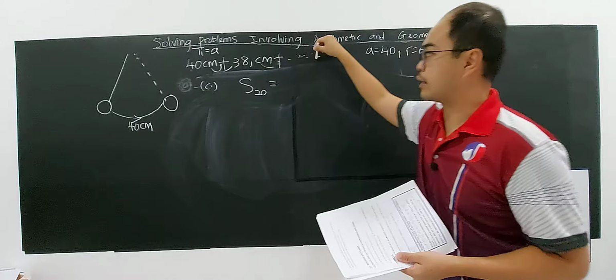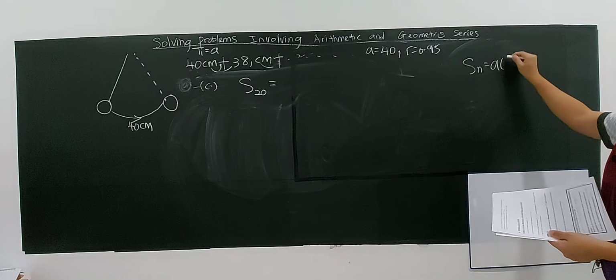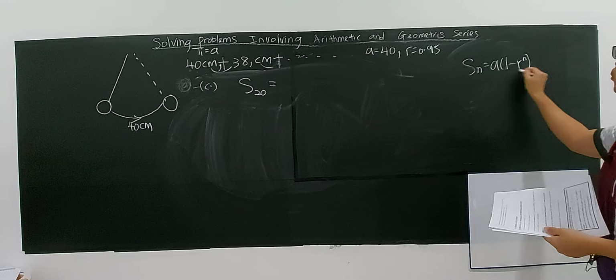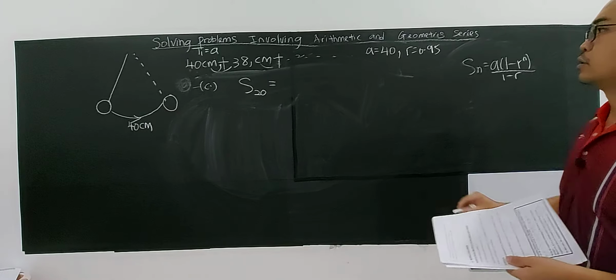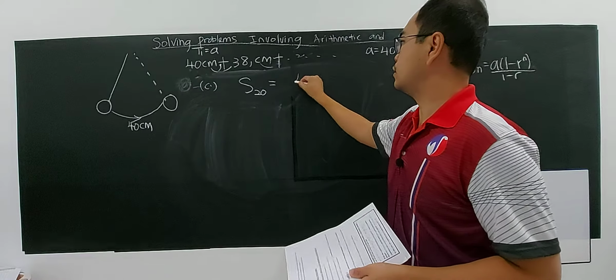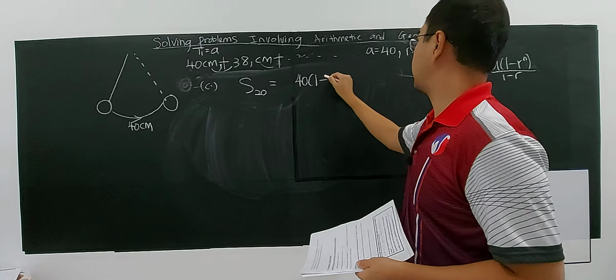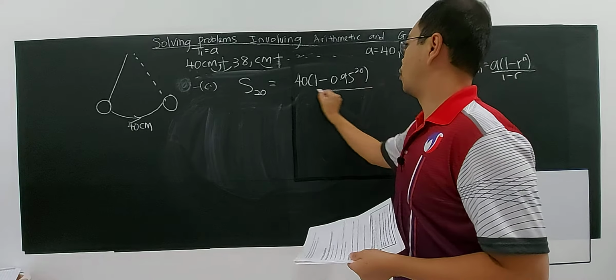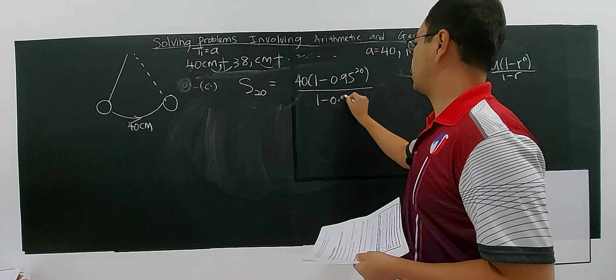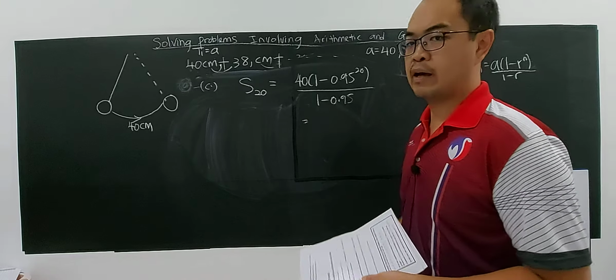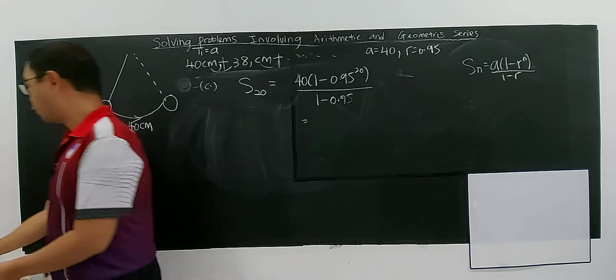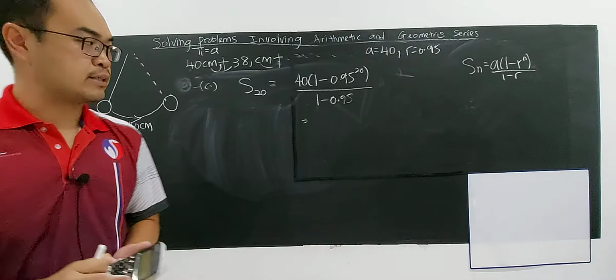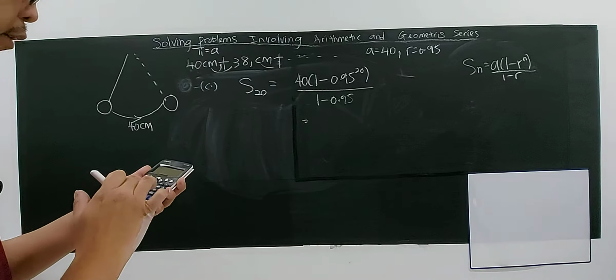You add up all the lengths. So Sn is a times 1 minus r to the power of n over 1 minus r. Your a in this case is 40, times 1 minus 0.95 to the power of 20, over 1 minus 0.95. Very easy if you understand the question and know how to apply the formula.